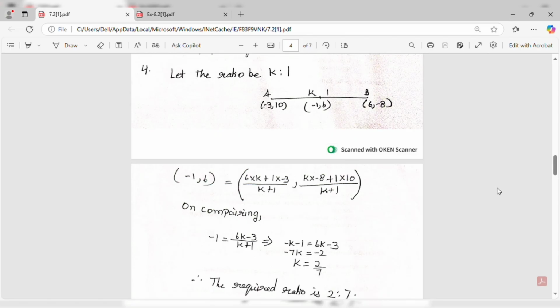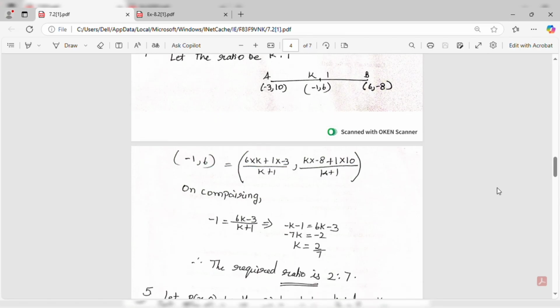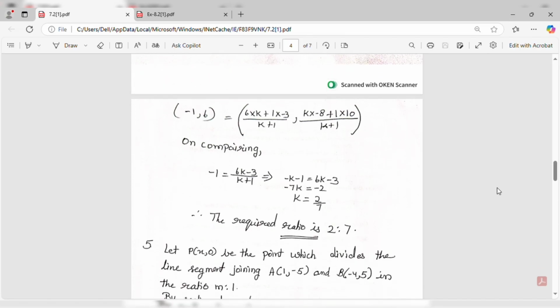So we will use the section formula and take the ratio as k:1. On comparing both sides, we will get -1 equals (6k minus 3) upon (k plus 1), and solving it as a linear equation, we will get k as 2/7. So the required ratio is 2:7.